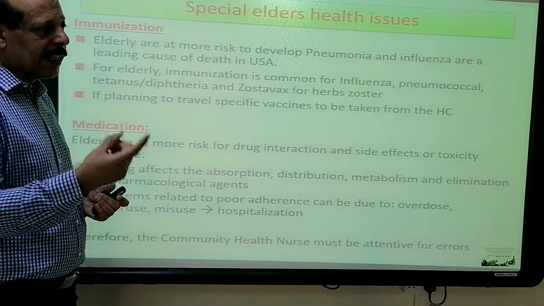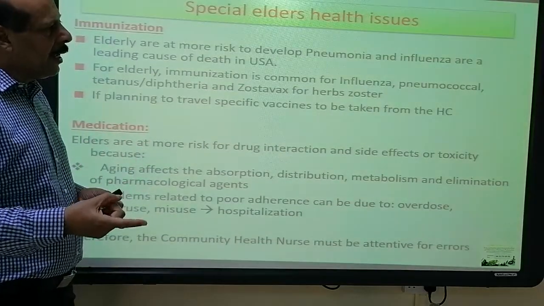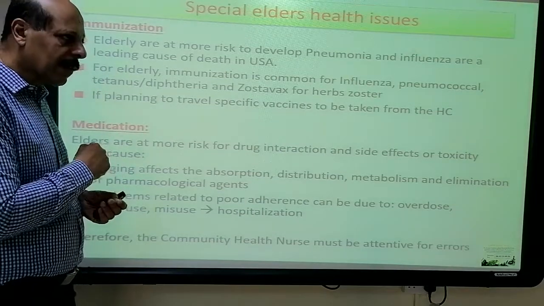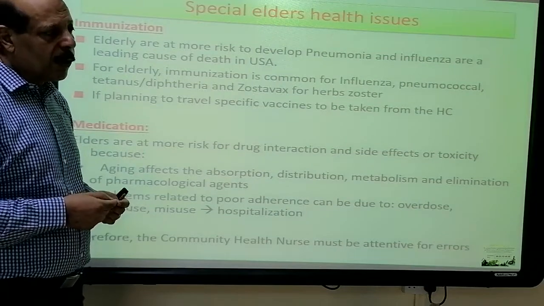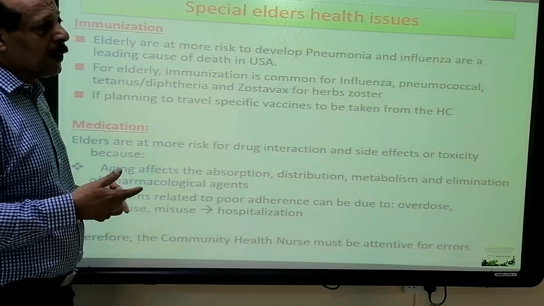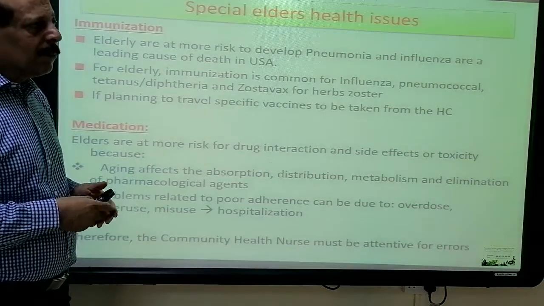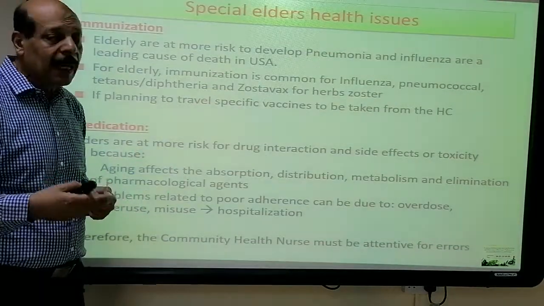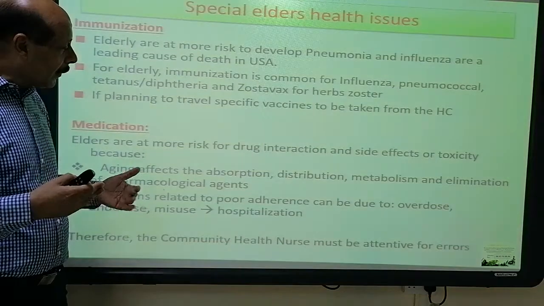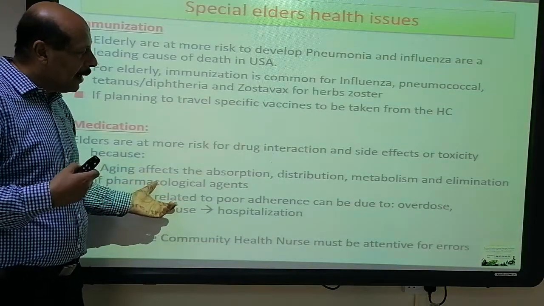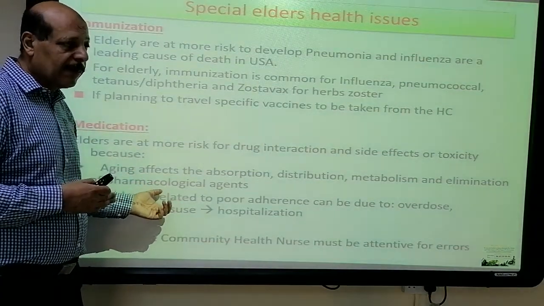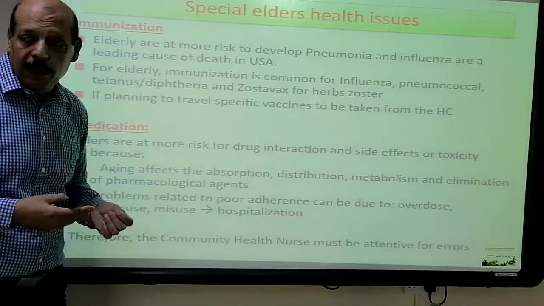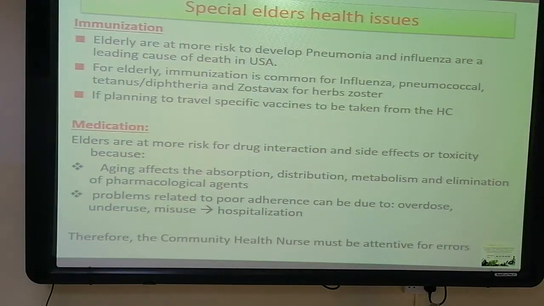It is not necessary that they take a higher dose of the medication. They might have taken the regular dose, but due to delayed metabolism of that medication or delay in the excretion of that medication, there will be a cumulative effect and it will give a toxic effect.